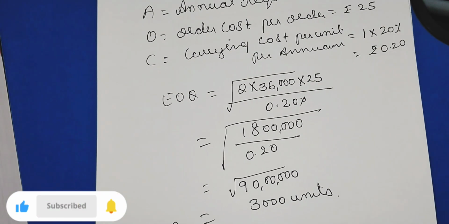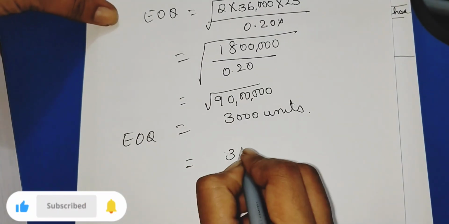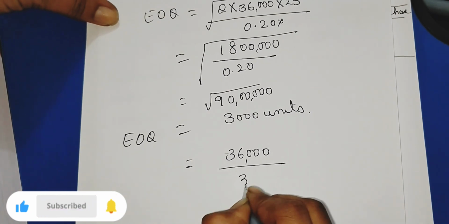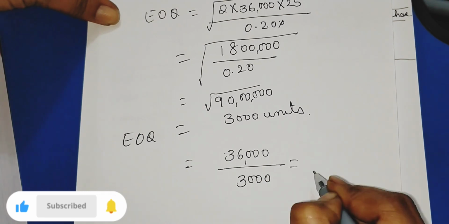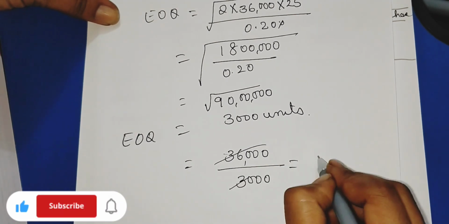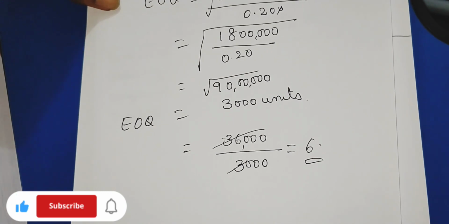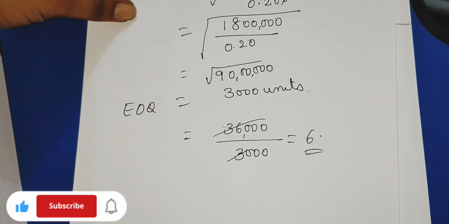How many orders you can do, you will understand by dividing. See, 36,000 units is annually required, and 3,000 units per order you are doing. And how many orders are you doing? 6 orders in a year. So 6 orders means yearly twice you can purchase. That is the meaning of EOQ.